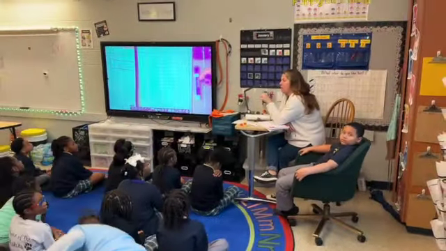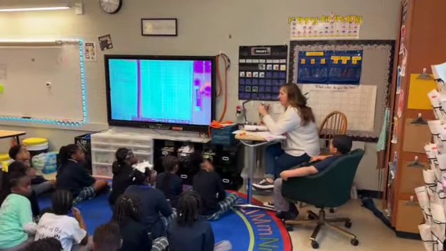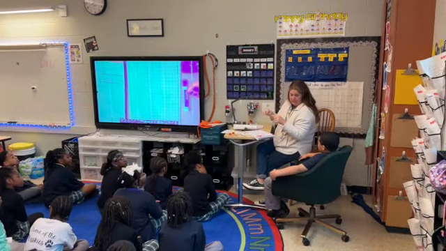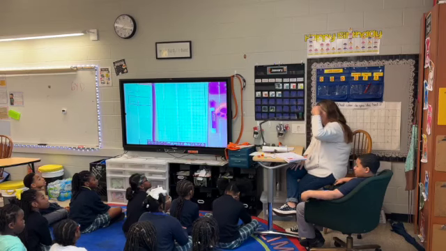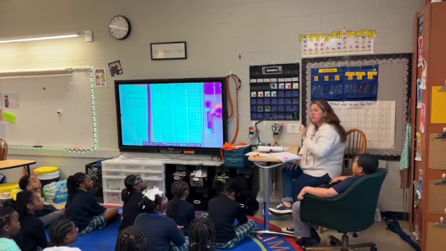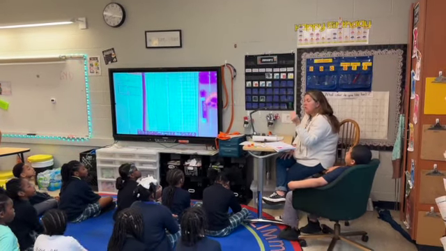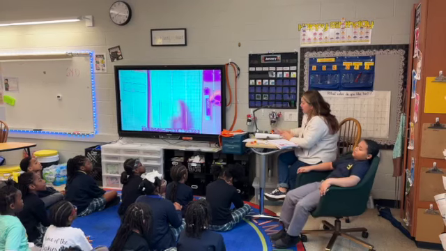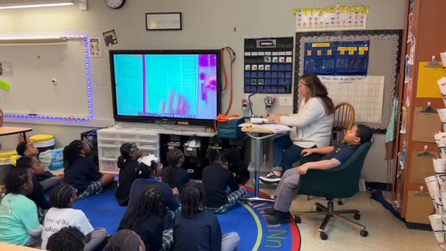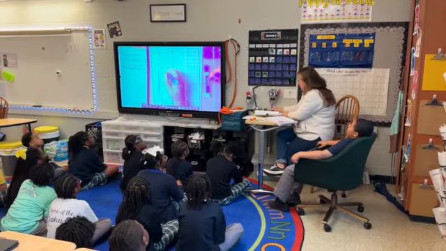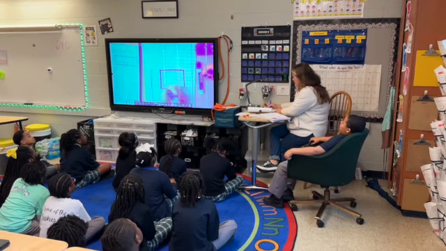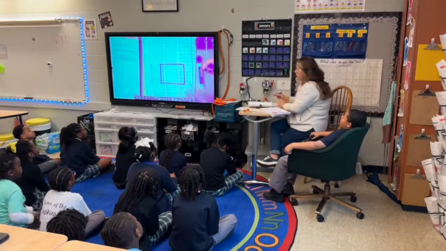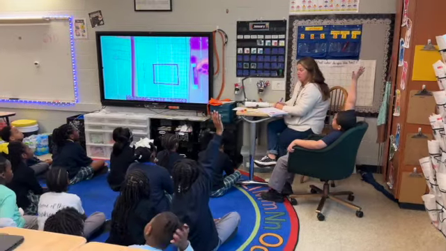So today we're going to be talking more about finding area and how you can use a grid to find your area. Yesterday we thought back to, if you have a grid right here, it's real easy to find the area. If I draw this shape, what are some ways we could find the area of that shape, Elijah?